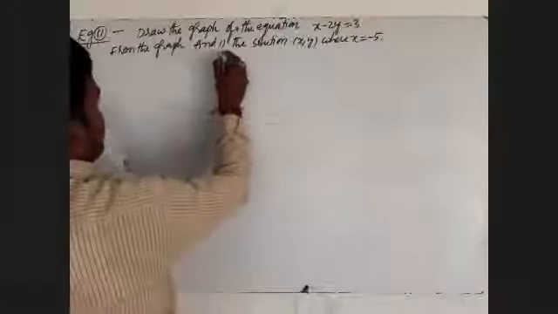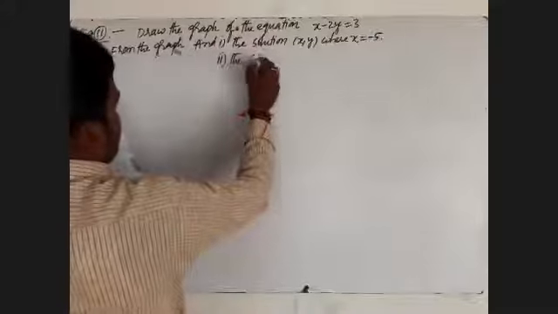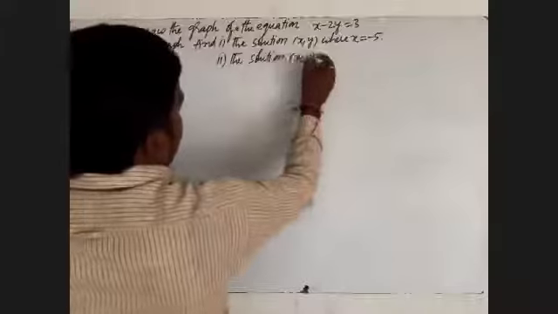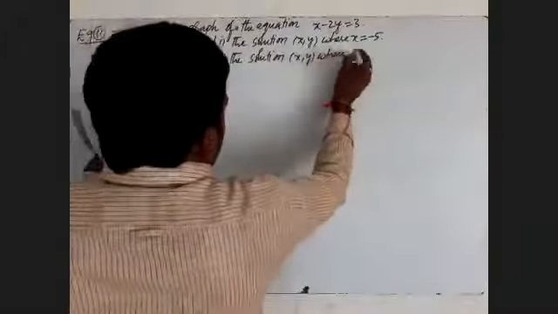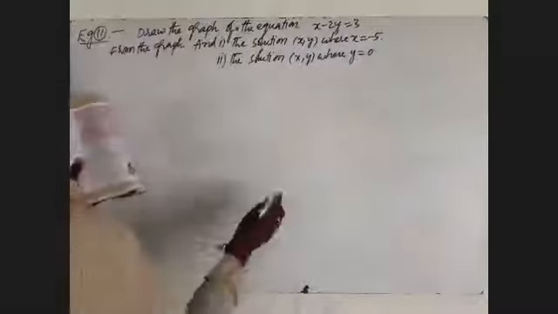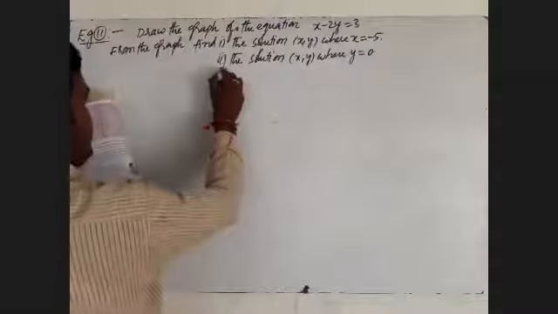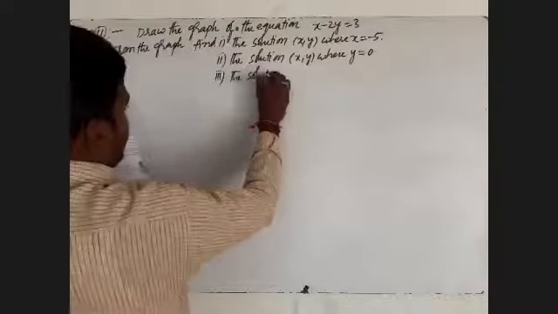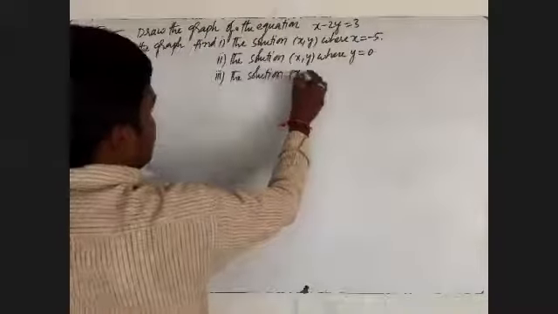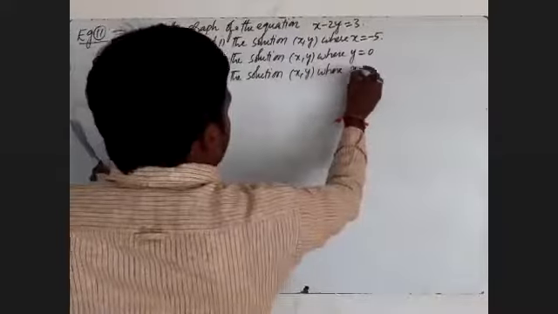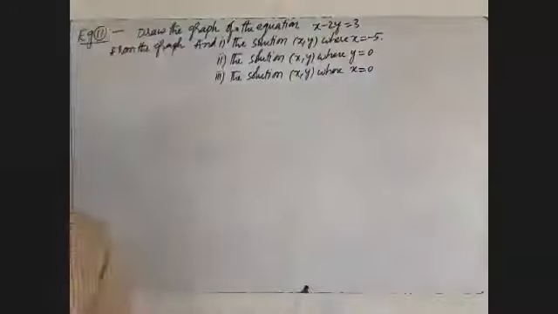The second one is the solution (x, y) where y is equal to 0. The third one is the solution (x, y) where x is equal to 0.